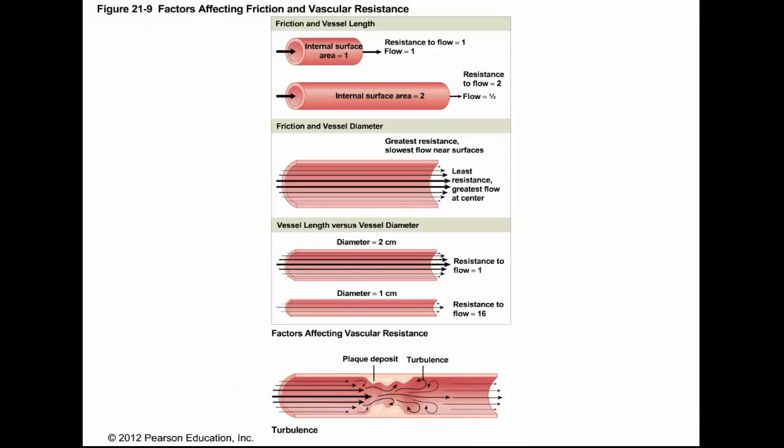At 2 centimeters, the resistance of the flow is 1. If we halve that diameter to 1 centimeter, remember it said that the resistance is exponential, so here we have a resistance equal to 16. So it'll take 16 times as much force to get the same amount of fluid through.